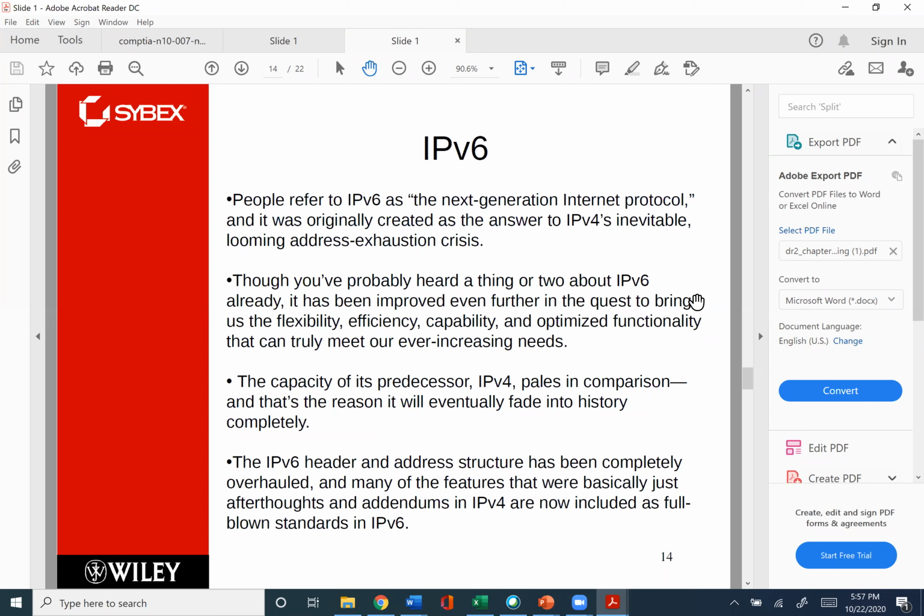How many bits are in an IPv6 address? We said there's 32 bits in an IPv4. So an IPv6 is how many bits? Oh, so it might be 128. Correct. It's 128.